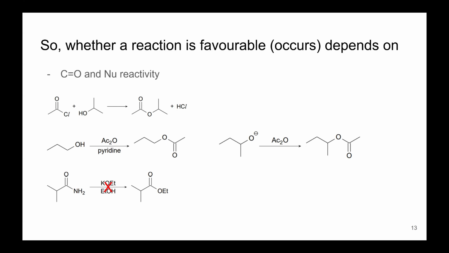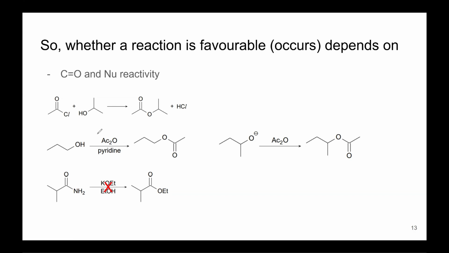A deprotonated alcohol would become a much stronger nucleophile, but because acyl chloride is so electrophilic, it can react readily with alcohols without any external help. So this reaction occurs really readily.